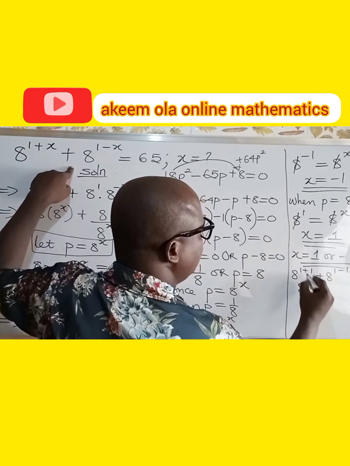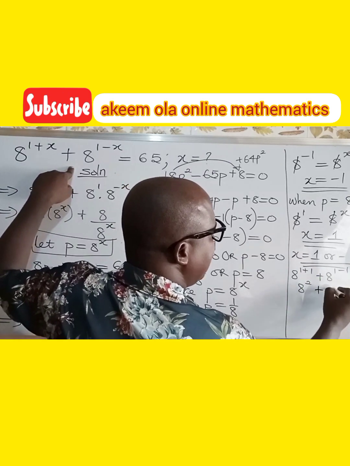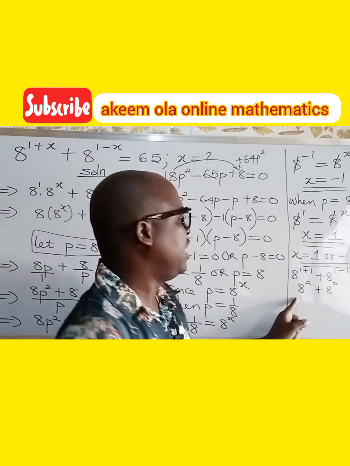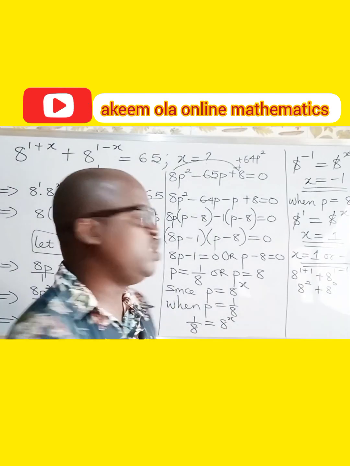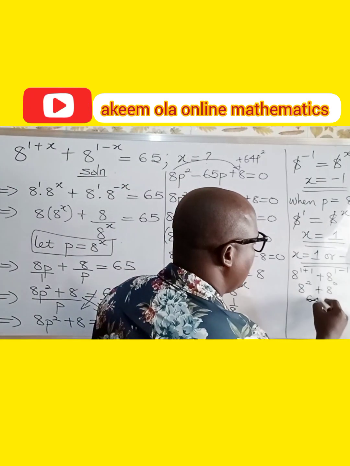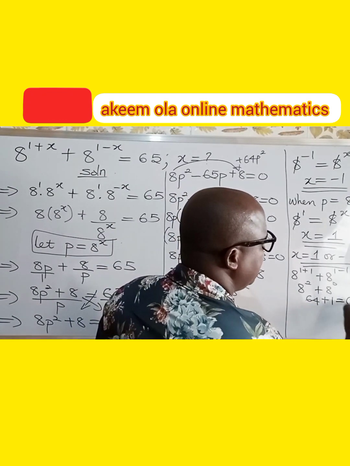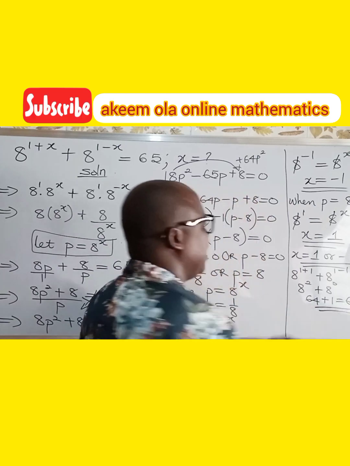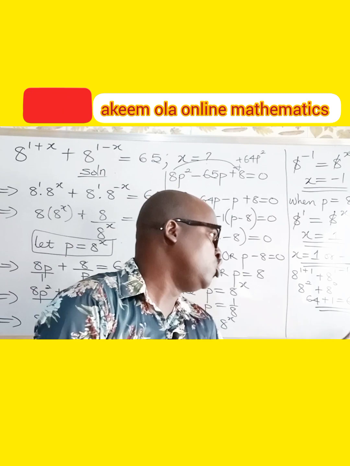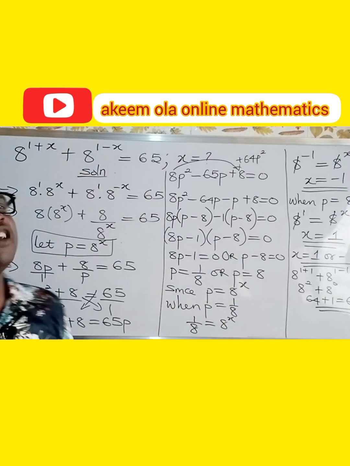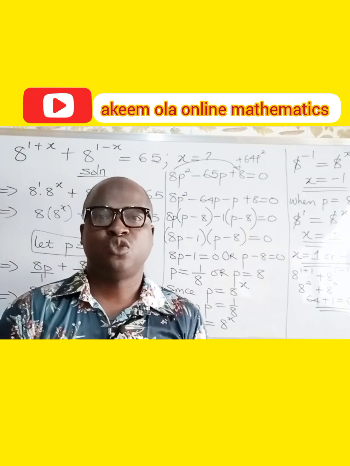That will give us 8 raised to power 2 plus 8 raised to power 0. 8 raised to power 2 is 64, and 8 raised to power 0 is 1. So we have 64 plus 1, which gives us 65. You can also test run x is equal to minus 1. You will surely have the answer to be equal to 65.